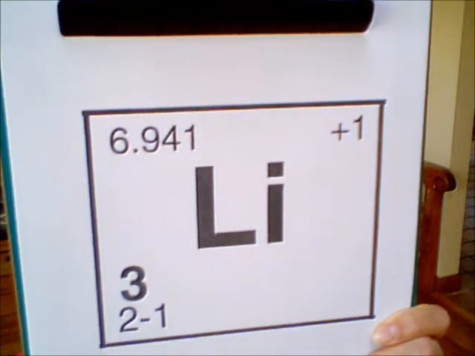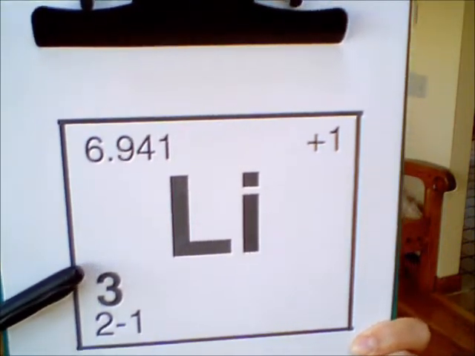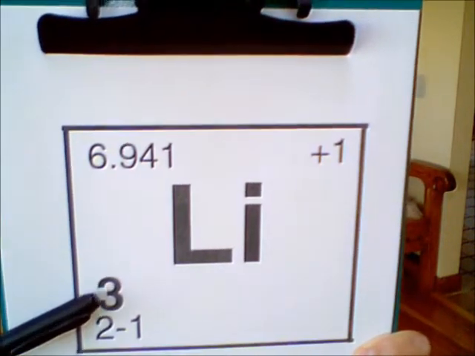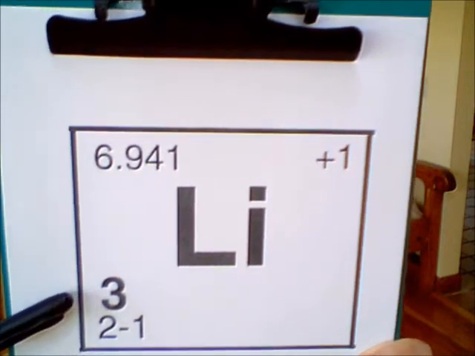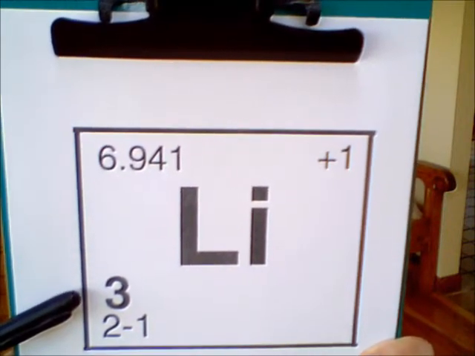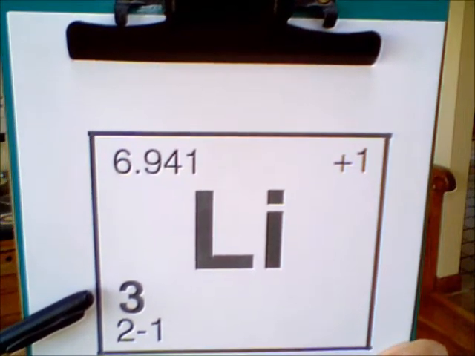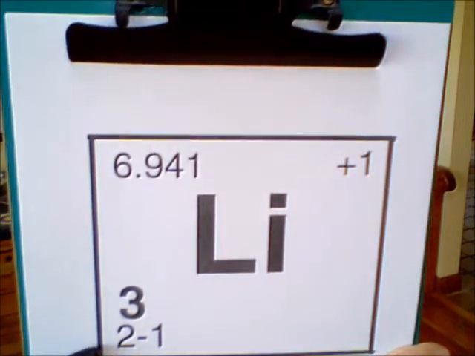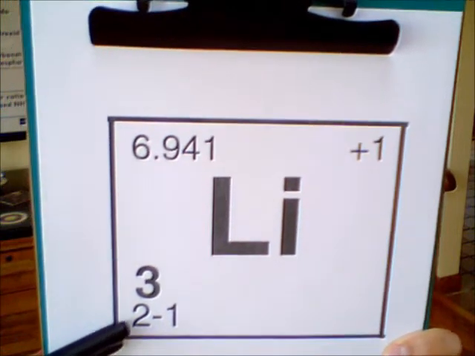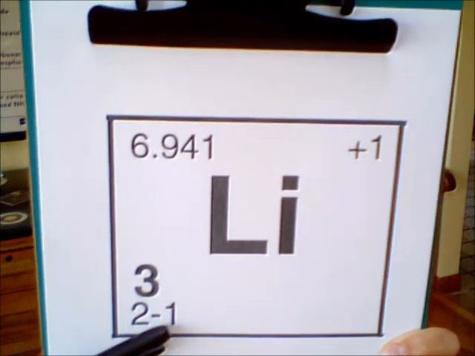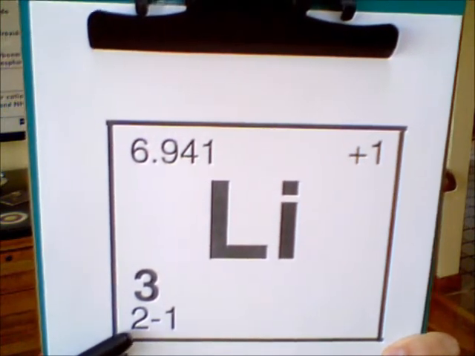Well, on your reference table, when you look at this boldface number, this 3 stands for protons. So that 3 is representing protons. You notice the numbers underneath. There's a 2 and then there's a 1. Those represent electrons.